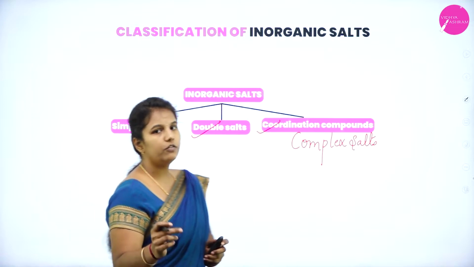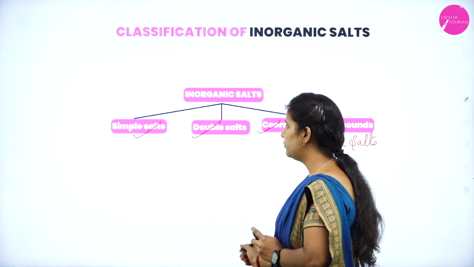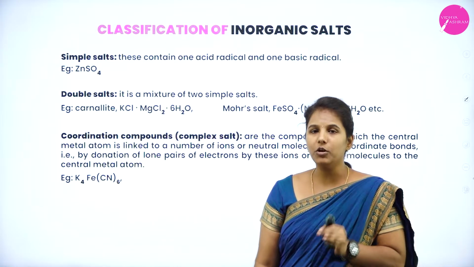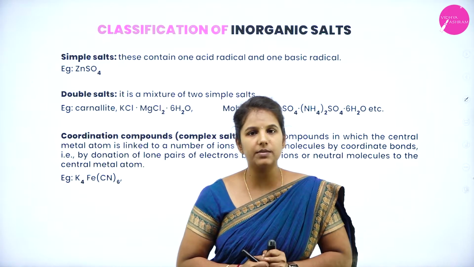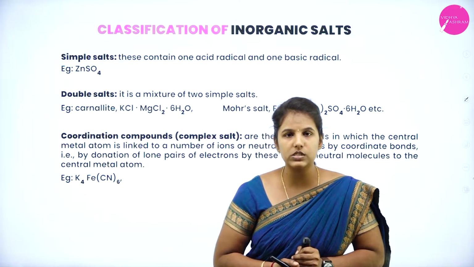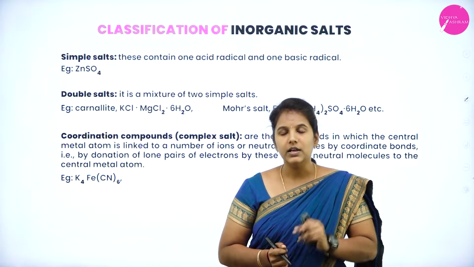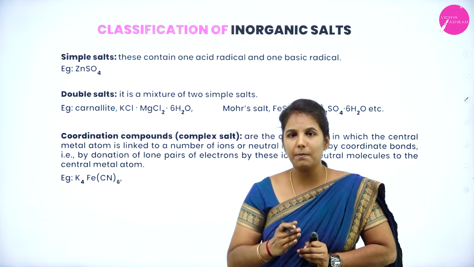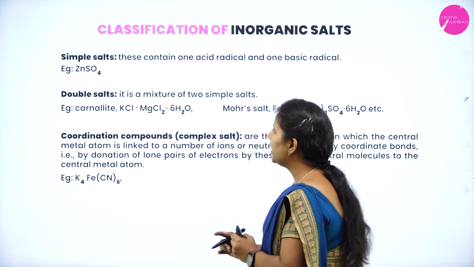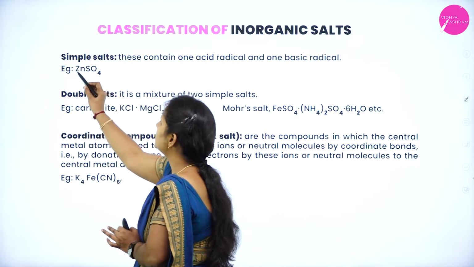Let's see what simple salts are first. Always remember, simple salts consist of one acid radical and one basic radical. Such salts are known as simple salts. You can take the example of zinc sulfate.